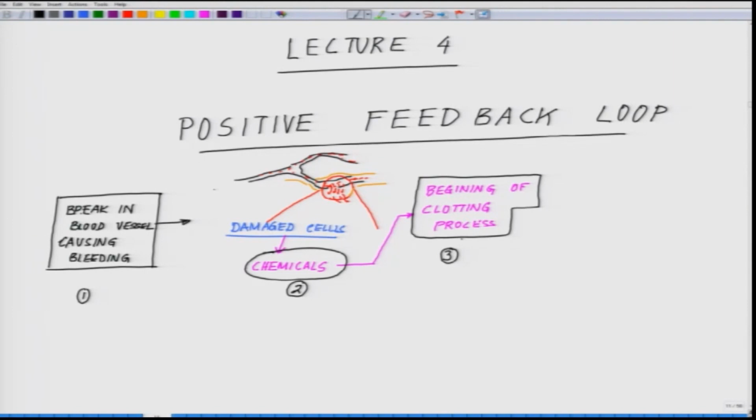Followed by this, the clotting process initiates a positive feedback. It means this clotting demands more clotting reagents to come into the place. Additional chemical release.